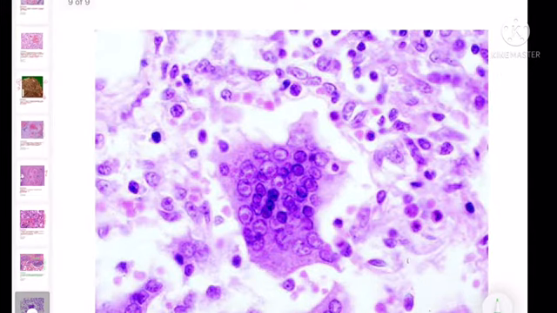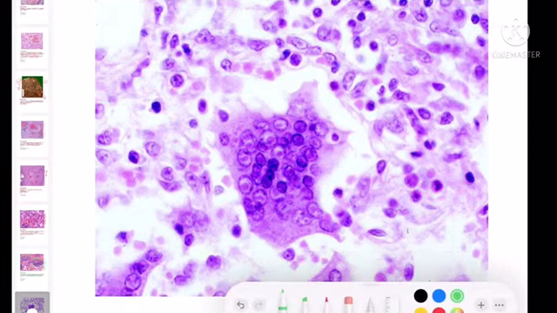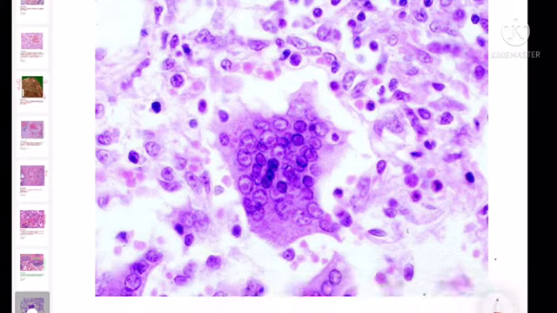Next type of granuloma, or we cannot say this one is a granuloma, we can say a giant cell. So this type of special giant cell we can find in a viral disease called measles. So measles is a viral disease of children where multiple rashes are formed on the body.